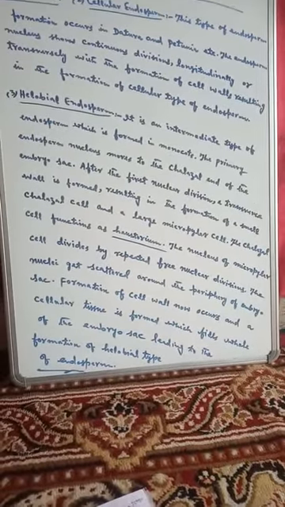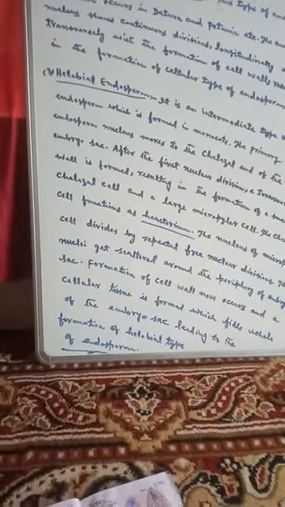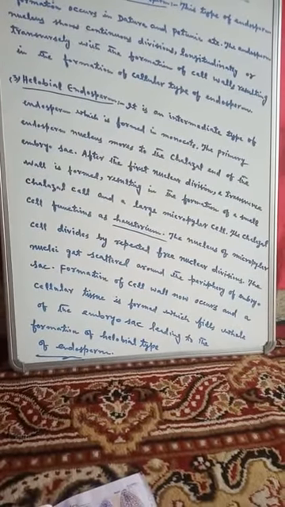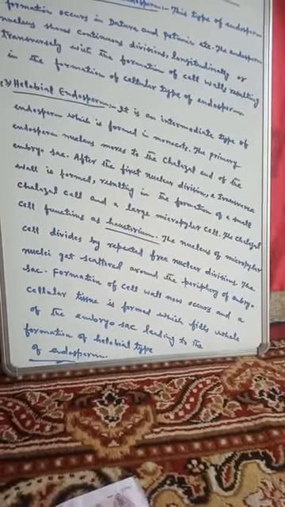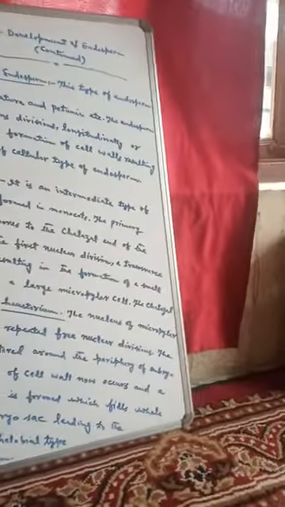The nuclei now get scattered around the periphery of the embryo sac. Formation of cell wall now occurs and a cellular tissue is formed which fills the whole of the embryo sac, leading to the formation of halobial type of endosperm.